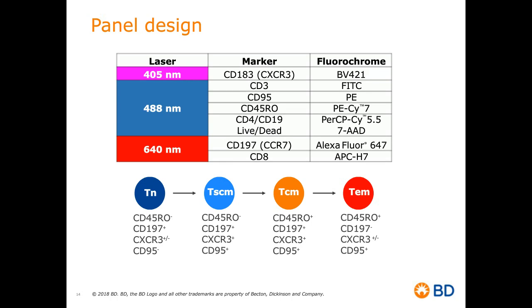This panel was designed for a FACSMelody cell sorter with a 3-laser configuration with a violet, blue, and a red laser. And it contains specific surface markers that, as depicted in the previous cartoons, are very well known to describe different subsets of T cells throughout differentiation, as shown in the cartoon below here.